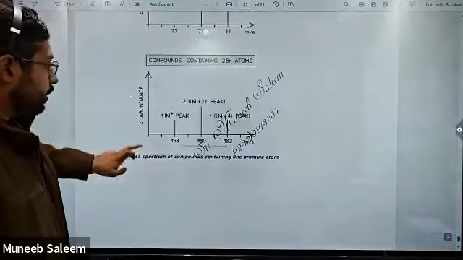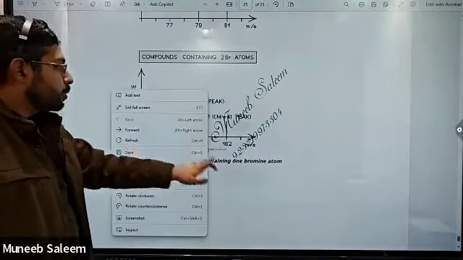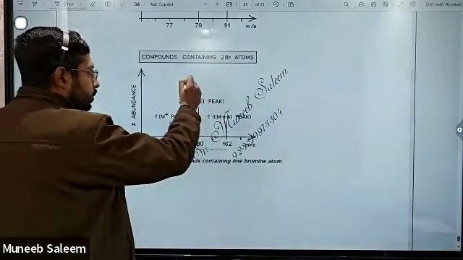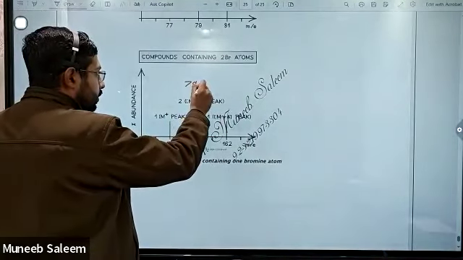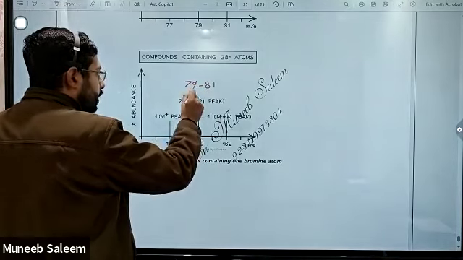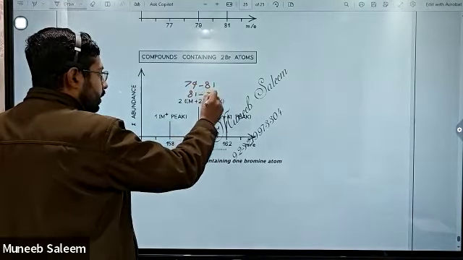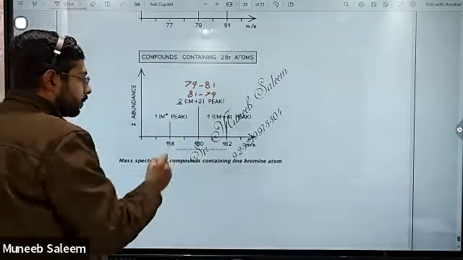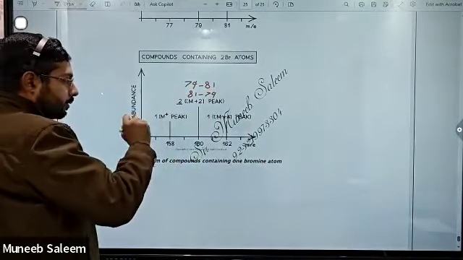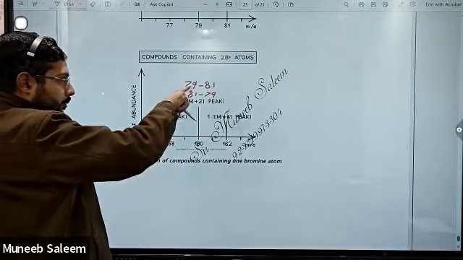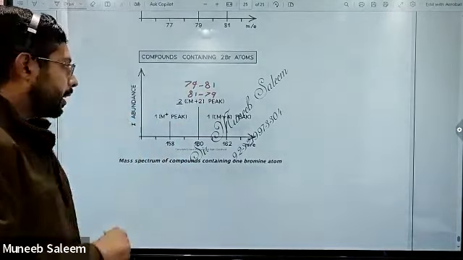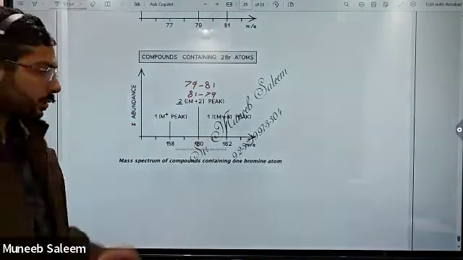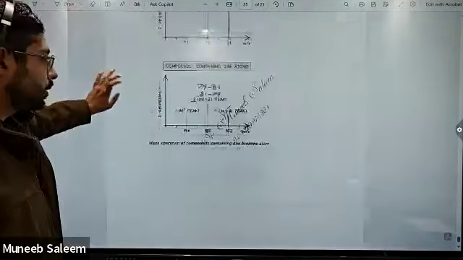And if we have a compound containing two bromine atoms, then again, as I told you, we can have two combinations, 79:81 and 81:79. So that's why the ratio is 2. But the difference is of M+2 because we have an 81 isotope here. So that's the mass spectrum of such a compound.